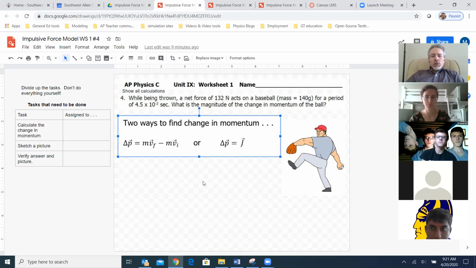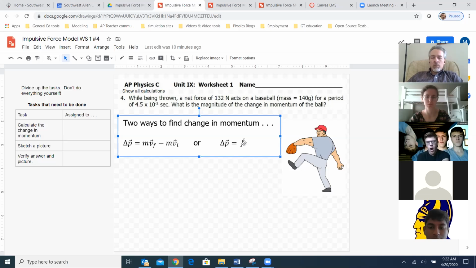But I just want to review with you a little bit that we found from our first lab, our first simulation, that the impulse, that's what I have as J there, the impulse, which is the area under a force time graph. If it's constant force, it would be force times time, is equal to the change of momentum. So there's 2 ways to find change of momentum.